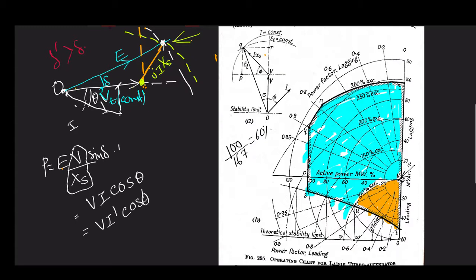After that, what will happen? Now see that we can't have a curve like this.